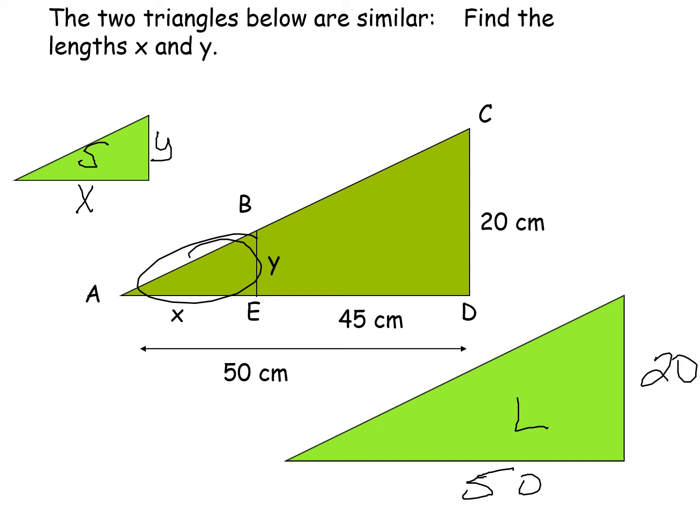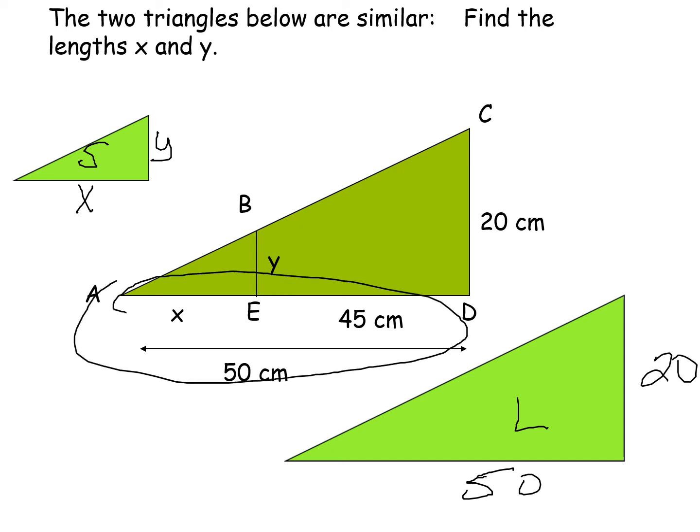Now, don't just ignore it and go on to the next thing. Go back and look. What's happening right here? X and 45 adding up to be 50. That's the segment addition postulate. Oh, my word, that stuff is back again. Little piece plus a little piece equal to big. So what's this X going to be? 5.